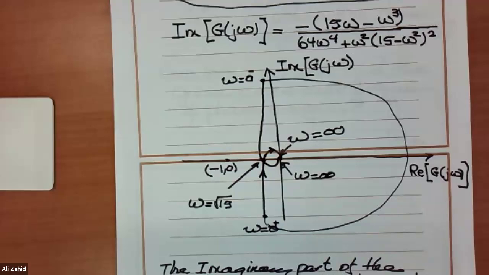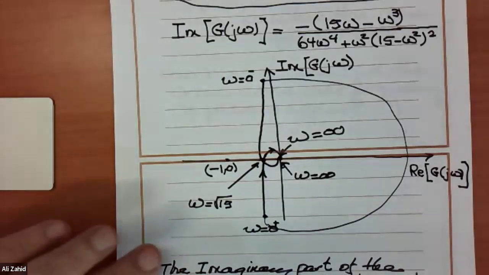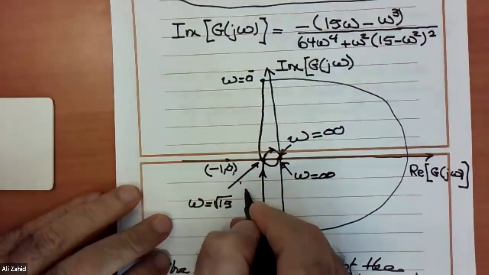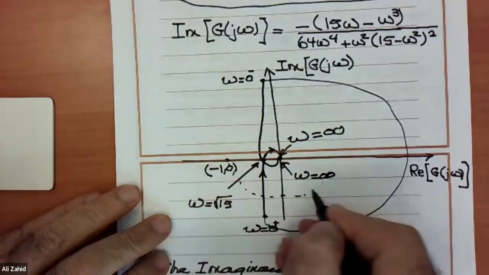Are you following me? Clear? When does it reach 1? What do I sketch? The unit circle.